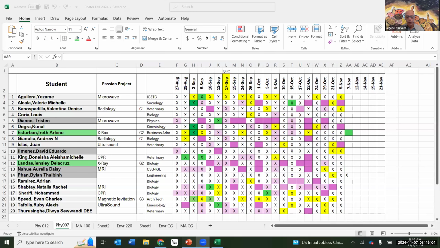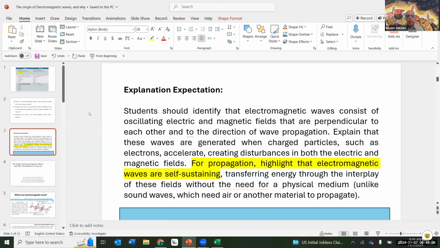Atoms, they are neutral, right? When you ionize an atom by maybe removing one electron, then it becomes charged, right? An electron is charged.